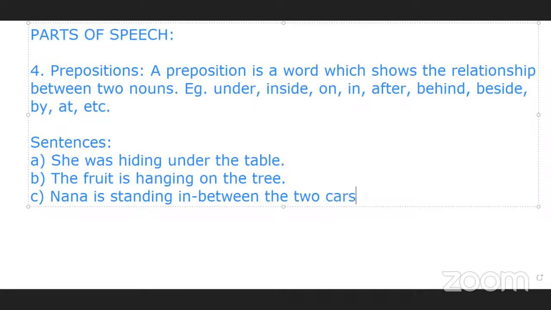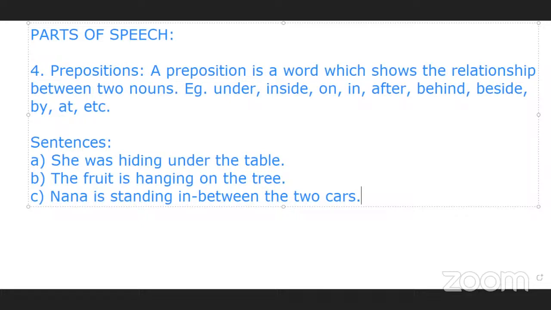Is it one car? It's two cars. Because the preposition in between shows somebody or something standing between two things, like one on the other side and another on the other side.